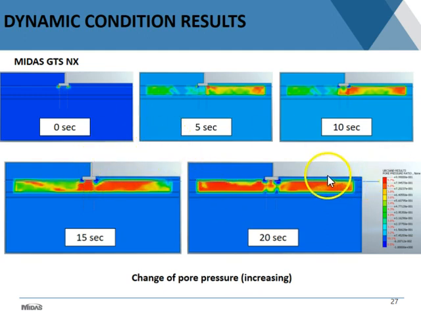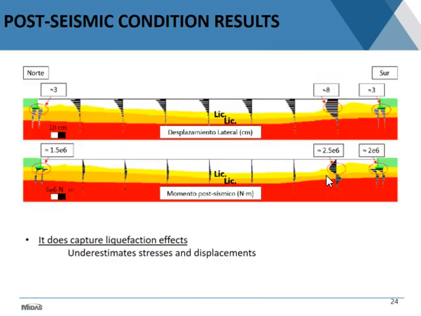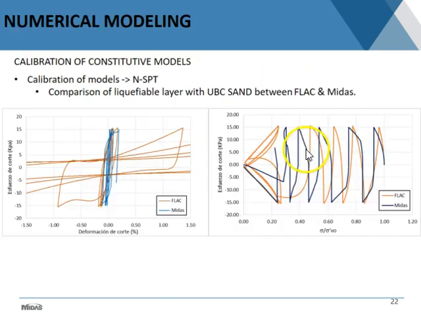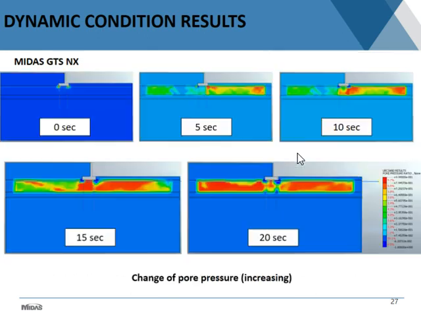If we go back to the model, this is the liquefiable layer. So after 20 seconds of the earthquake, at least using this model, that's when you reach full liquefaction of this layer. If that moment is the same as when you start having large inertial forces in the upper structure, you may have some issues here.